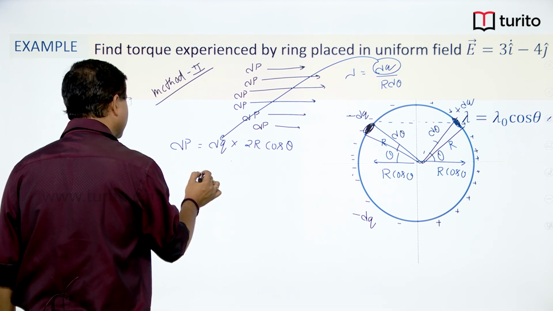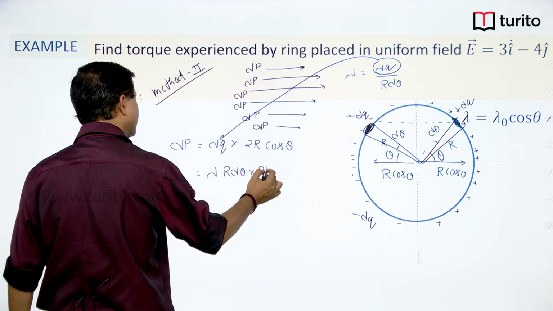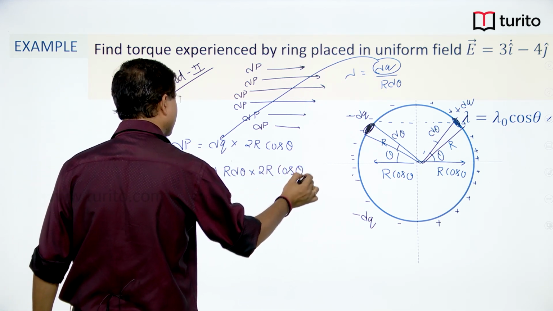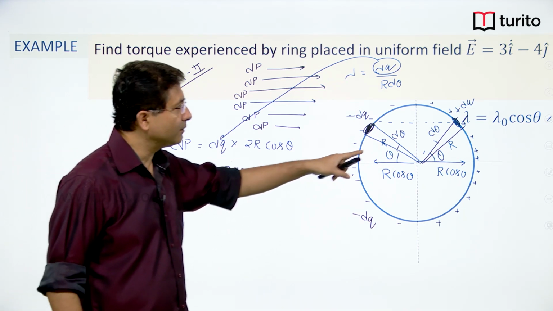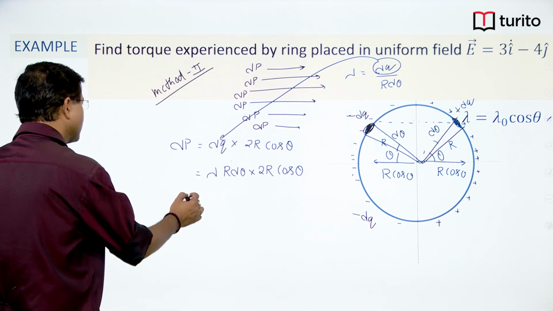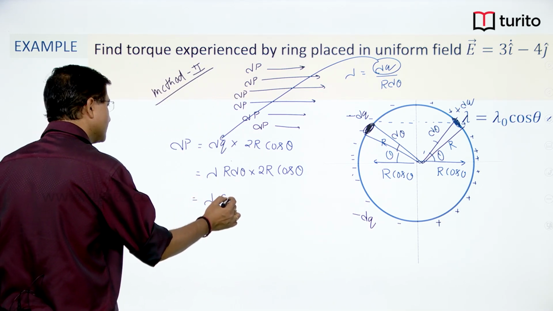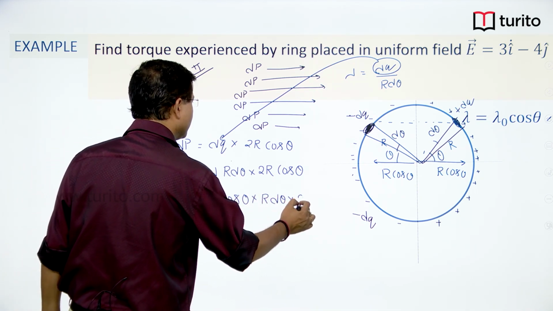So substitute lambda r d theta into 2r cos theta. And what is lambda? Lambda is equal to lambda naught cos theta, it is a variable. So I will substitute the function here, lambda naught cos theta into r d theta into 2r cos theta.